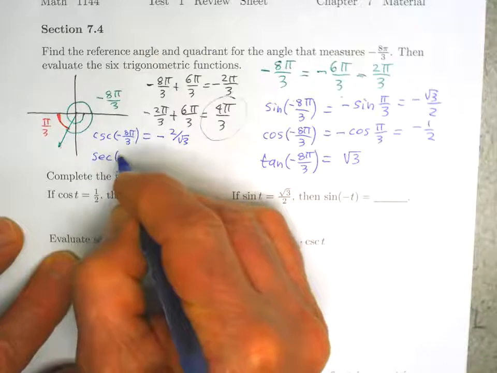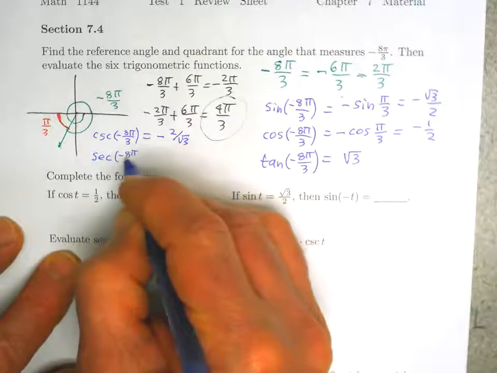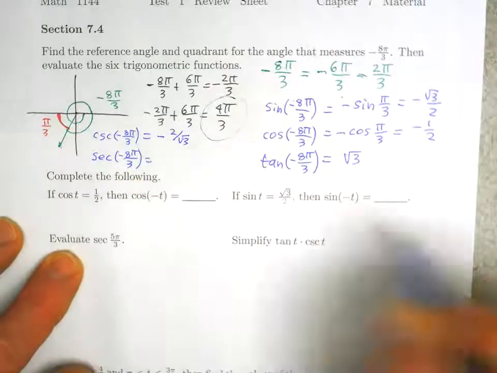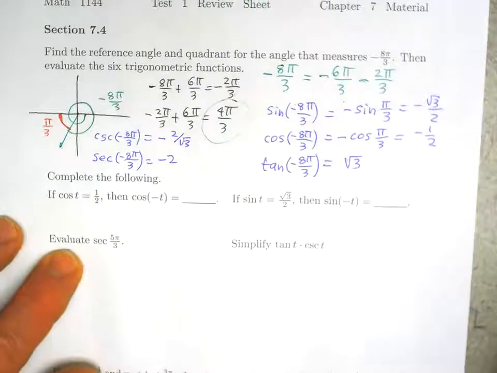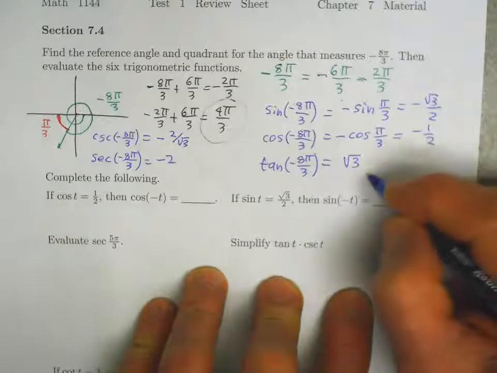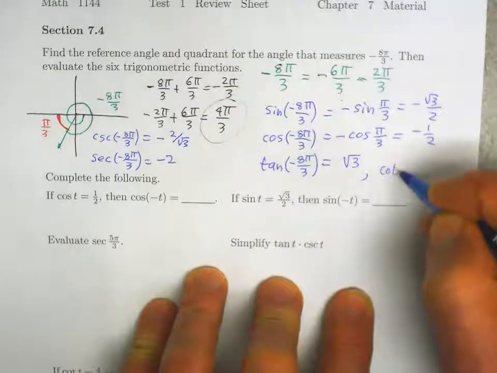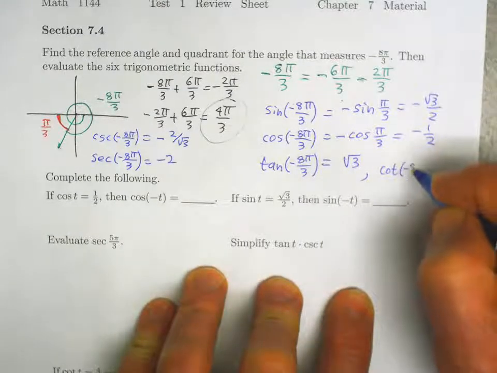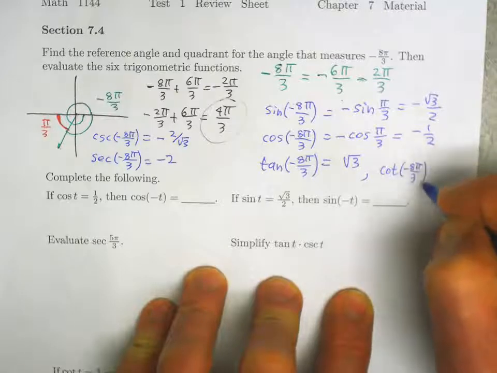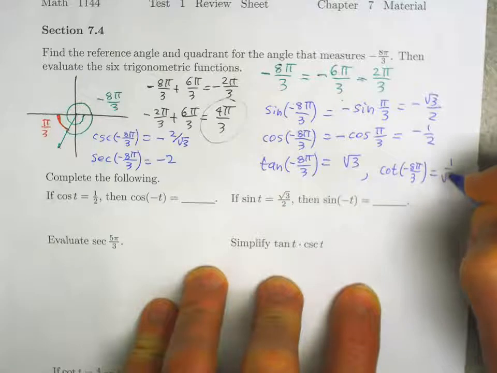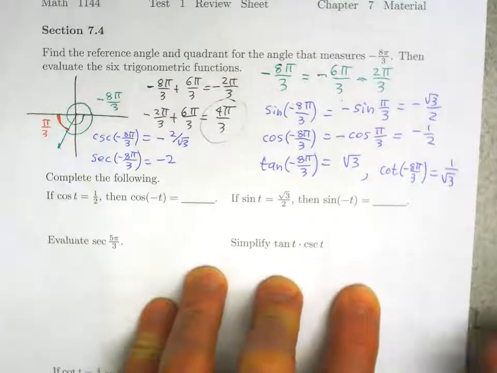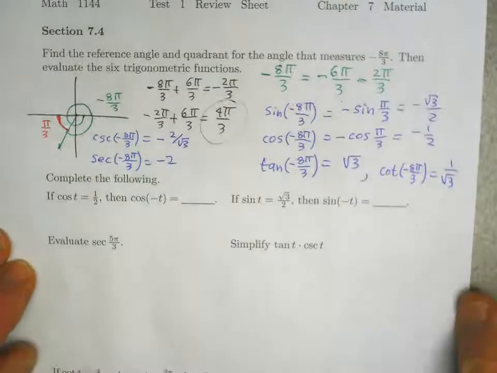Secant of negative 8 pi over 3 is the reciprocal of cosine, so that's negative 2. And I'll squeeze in cotangent of negative 8 pi over 3. That's the reciprocal of tangent of negative 8 pi over 3, so that's 1 over the square root of 3. So we got all 6 in there.